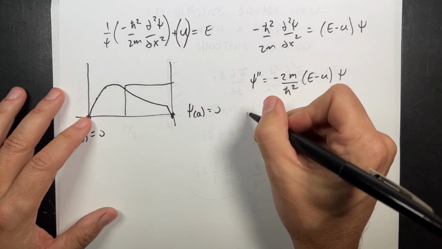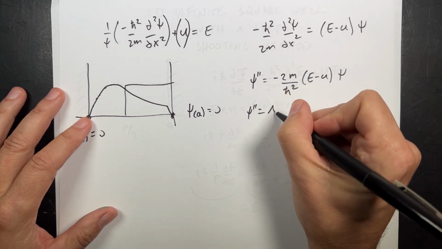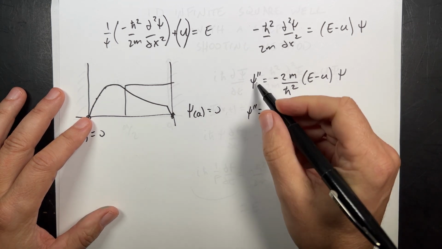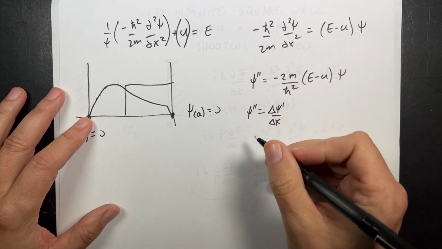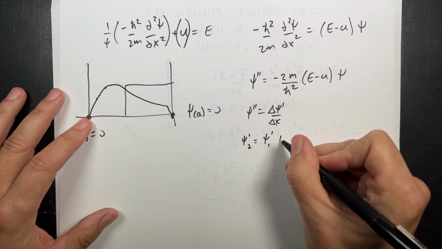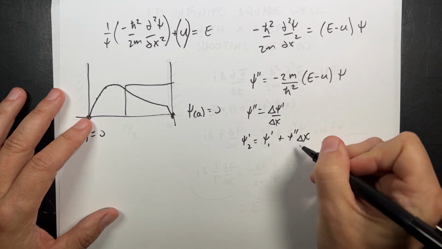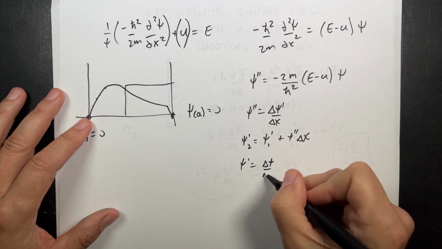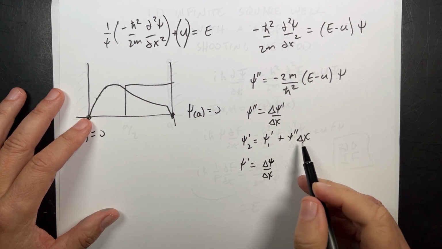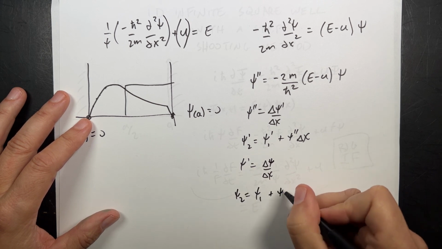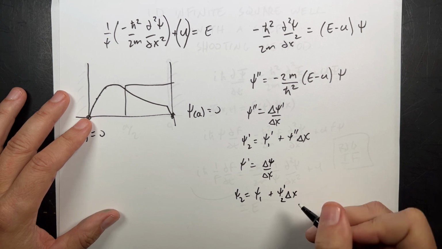If we define psi double prime as delta psi prime over delta x, then the psi prime at the end of this delta x interval, psi prime 2, is psi prime 1 plus psi double prime delta x. And then I can say psi prime equals delta psi over delta x, and I can do the same thing: psi 2 equals psi 1 plus psi prime delta x, where that's technically psi prime 2.